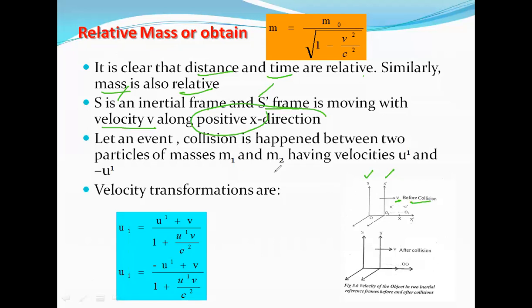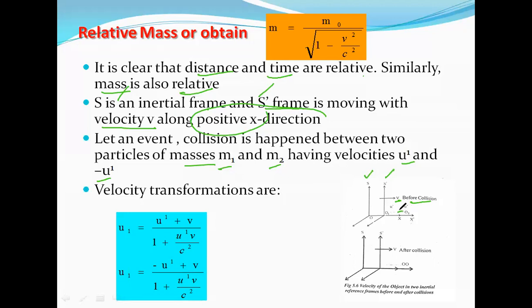Here I am assuming a collision problem. Let the collision event happen between two particles of masses m1 and m2 having velocities u prime and minus u prime, because they are coming from opposite directions. Both velocities are the same, but opposite: u prime and minus u prime.